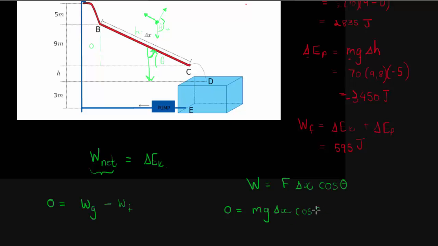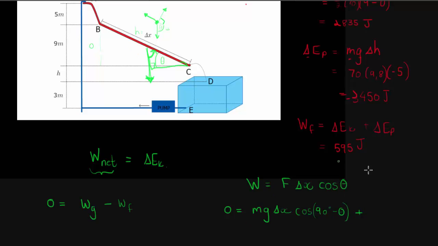So this would be cos of 90 degrees minus theta. Why not just theta? Well, the angle between weight and motion is not this angle here, it's that angle there. Do you see the triangle there? If this is 90 degrees and this is theta, this angle is 90 degrees minus theta, from adding up the interior angles of a triangle.